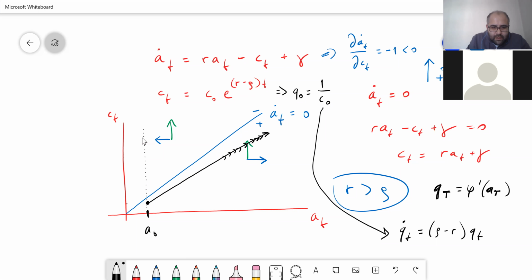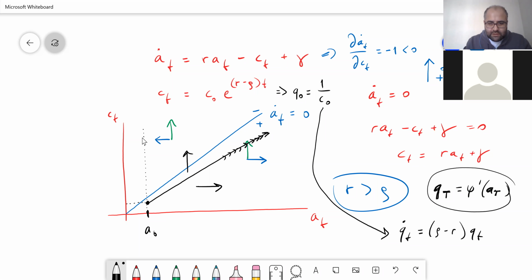Now how do we know which particular value is true? Well, you saw this proof in the handout for the Ramsey problem. Here we should be a little bit more careful for the balanced growth, because both AT and consumption will grow, and that growth rate should be a particular rate that would imply this in the long run, at the end of the horizon.